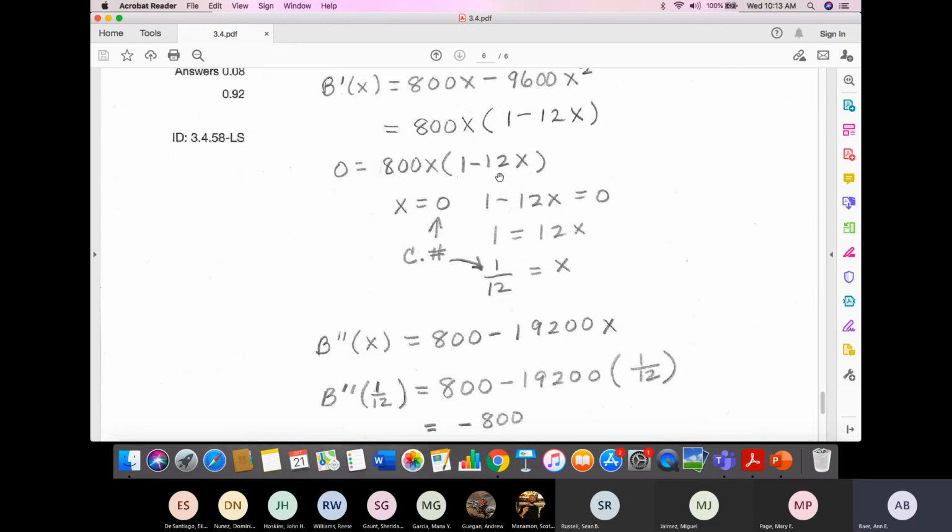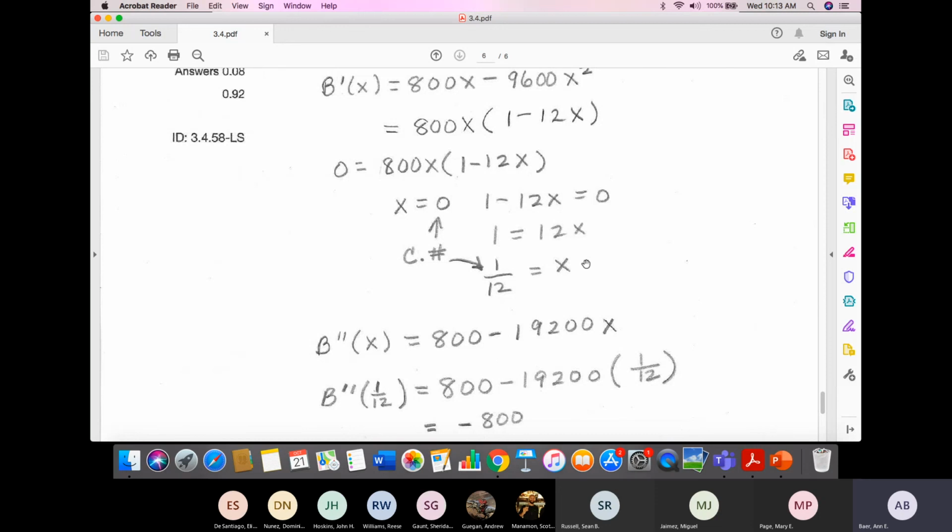So we need to look at where 1 minus 12x is 0. If we put the 12x on the other side, we get 1 equals 12x. And if we divide both sides by 12, we get 1/12 equals x.